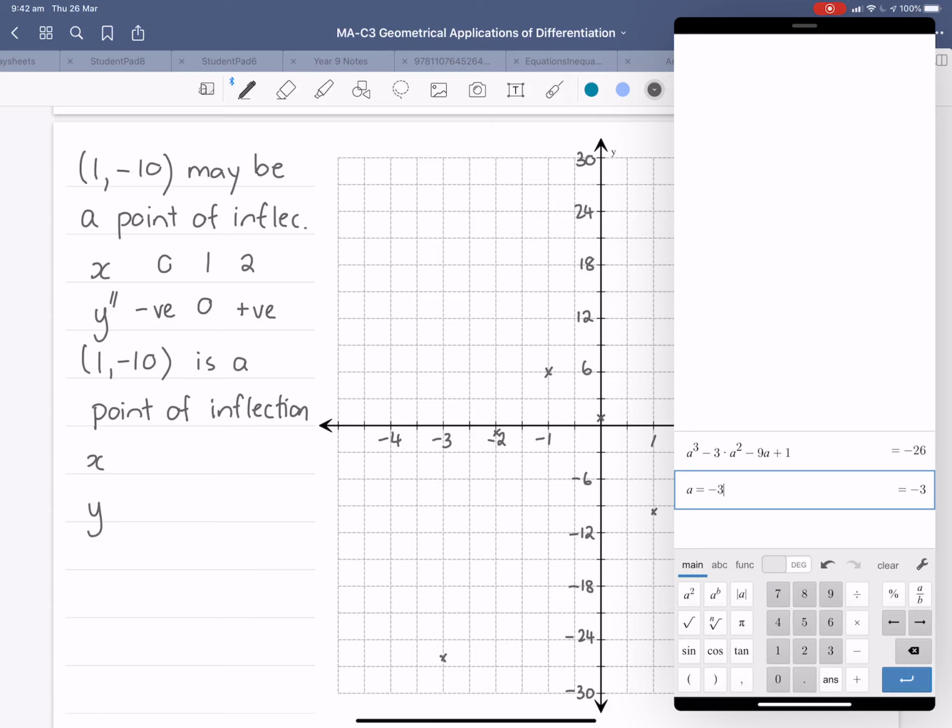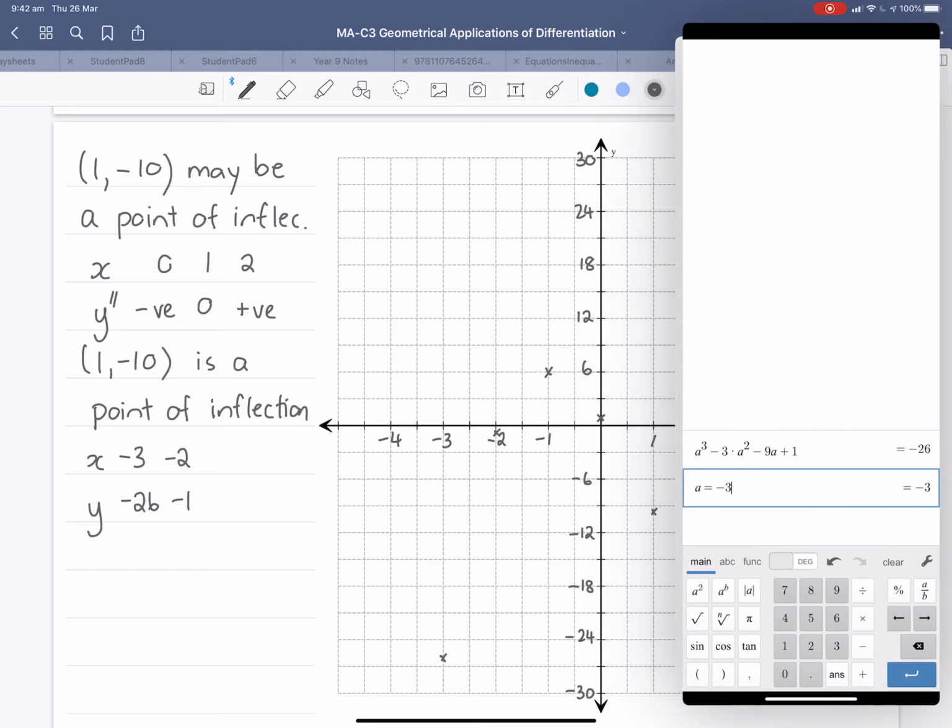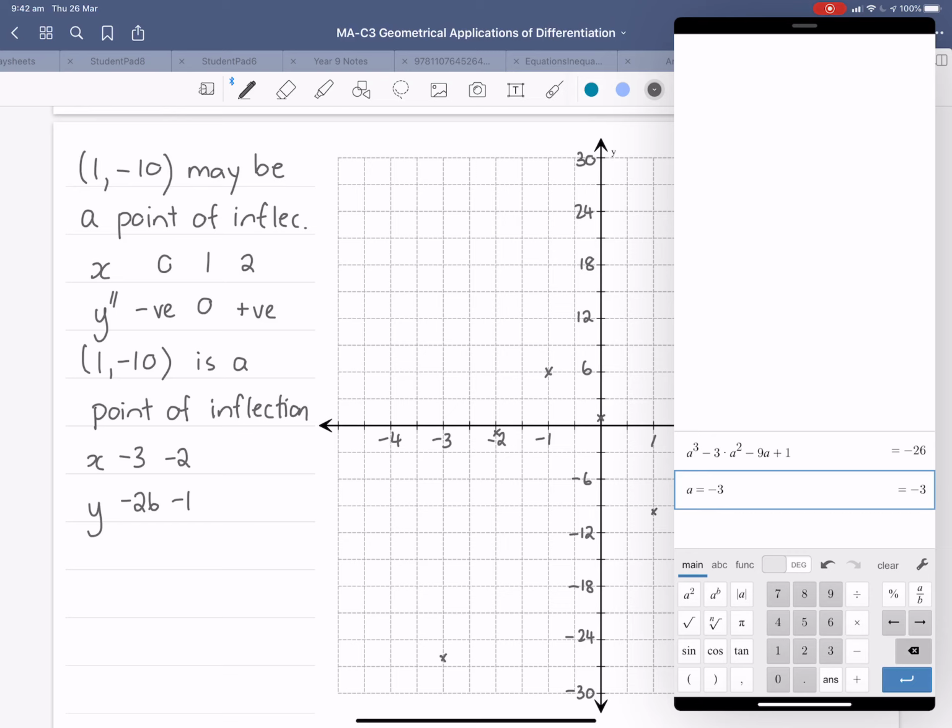So I've done negative 3 giving me negative 26. I've done negative 2 getting me negative 1. Already done negative 1 and 0, and 1. So I think I might just put 2 in there and then be happy with those results.